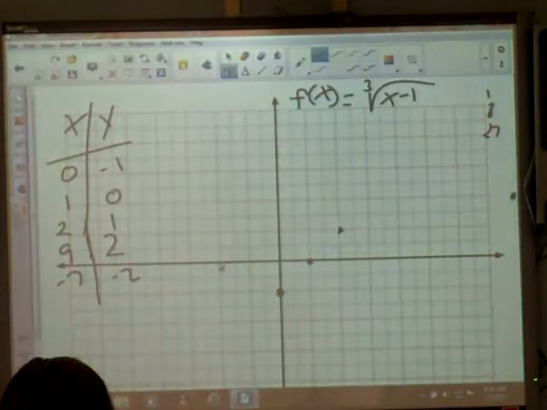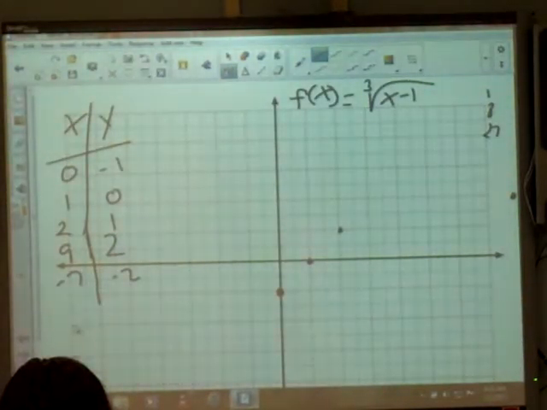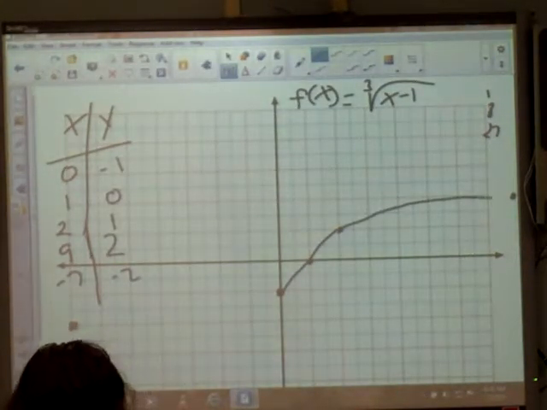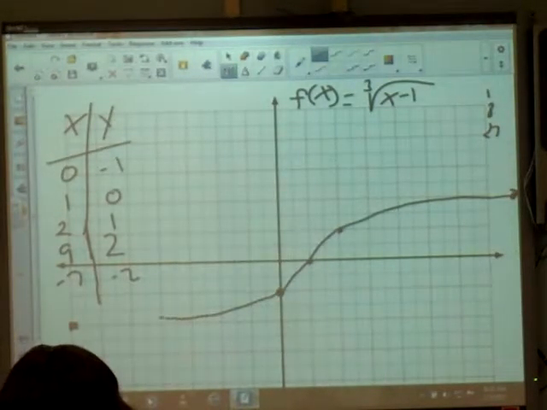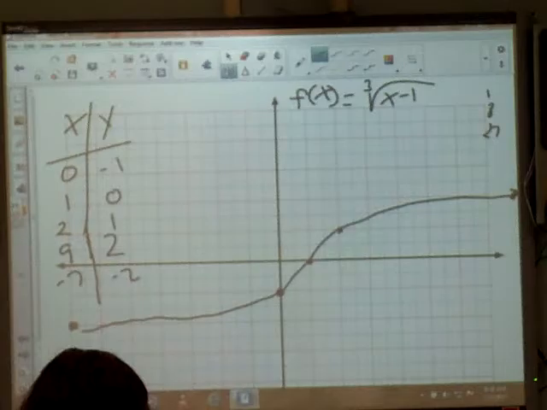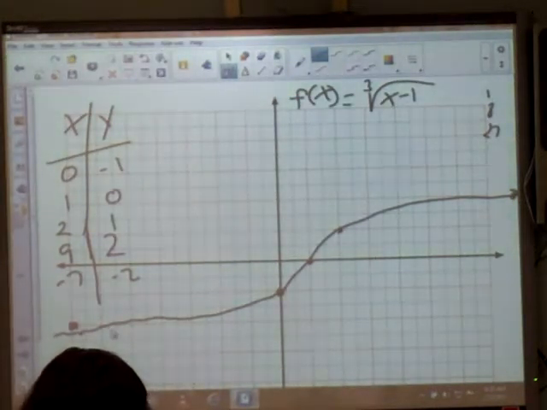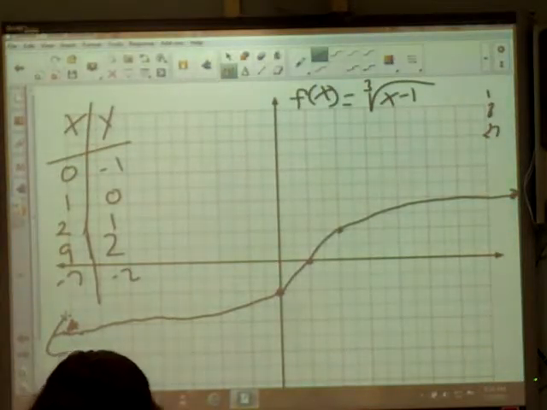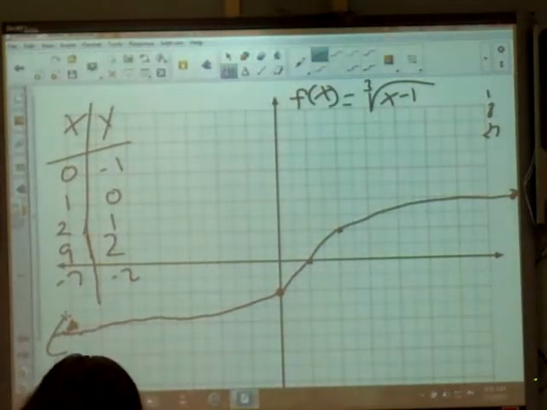Alright, so you see it's going to kind of go up there and then level out to hit that one and then level out down here to hit that one. My description of cube roots is it looks like a snake. So there's my snake graph on that. Should have gotten something similar to that on your calculator if you did it that way.